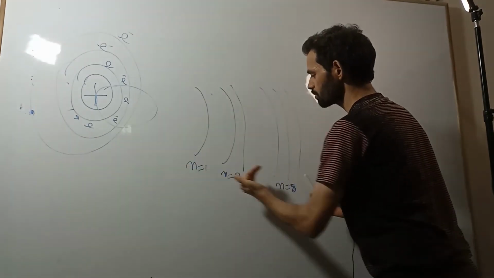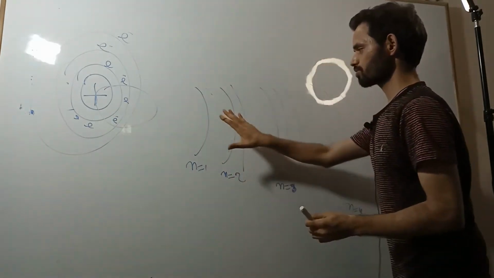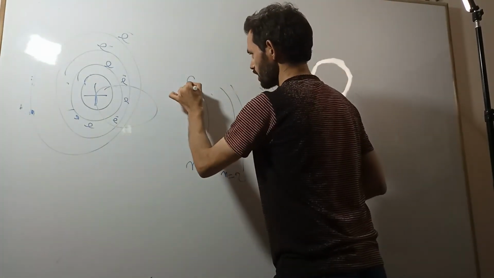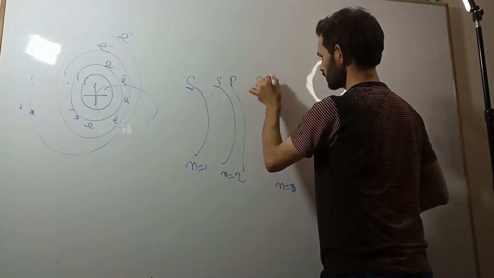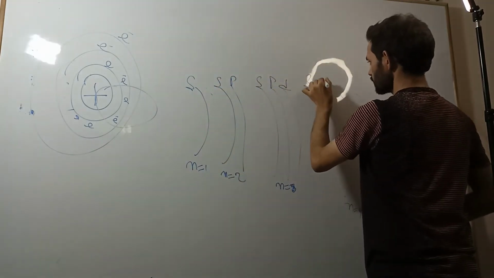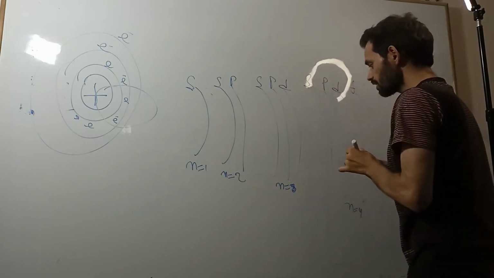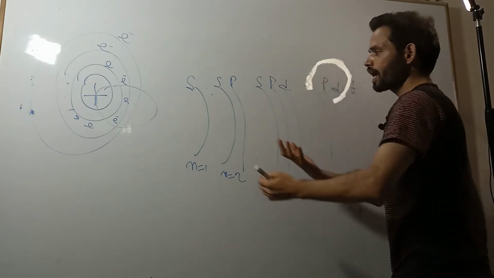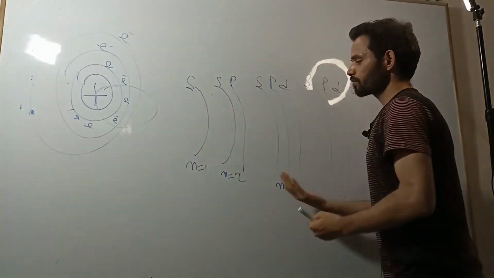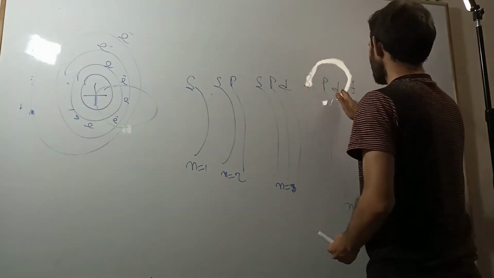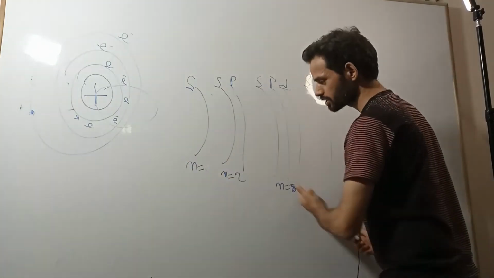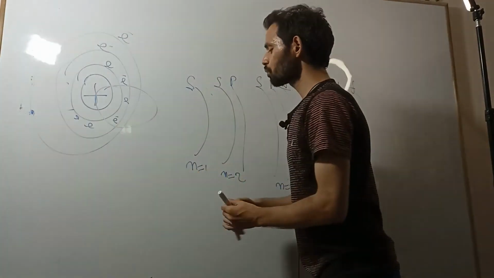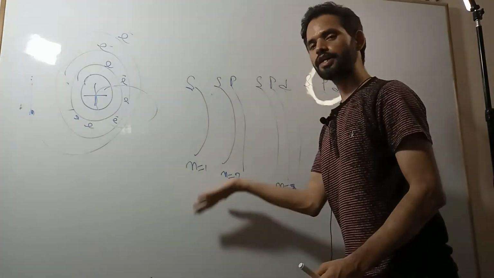As the number of energy levels increases, the number of energy subshells increases. The subshells are s, then s and p, then s, p and d, then s, p, d and f. As this number increases, this number is the principal quantum number. So these are the energy levels.